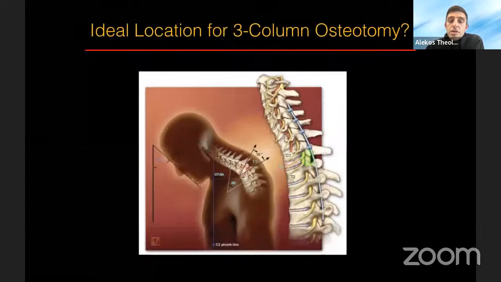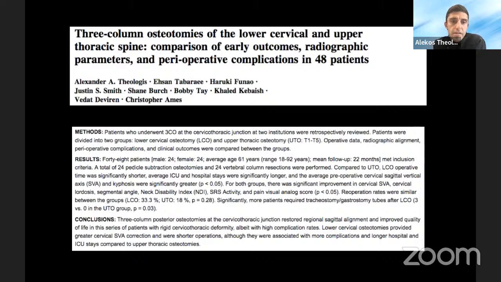So then it gets to the question of what's the ideal location of 3-column osteotomies for addressing these cervicothoracic deformities. When I was a resident, in conjunction with Johns Hopkins, Dr. Kebaish, as well as Dr. Ames and Dr. Shane Burch, who's on the line with us today, Dr. Devrin, we looked at 48 patients who underwent either a 3-column osteotomy at C7 or in the upper thoracic spine.